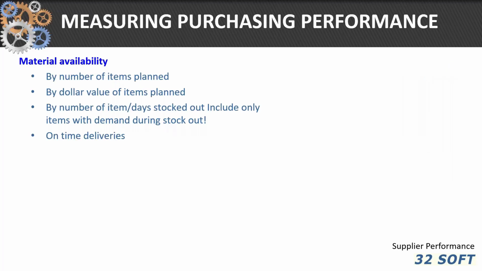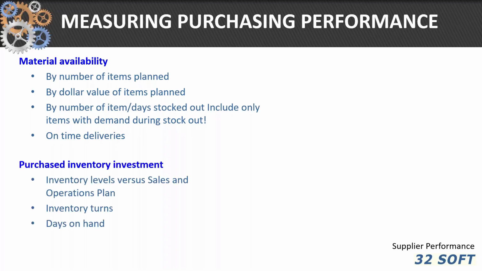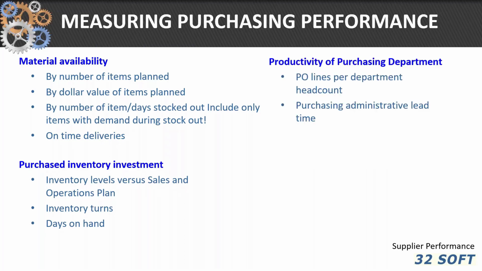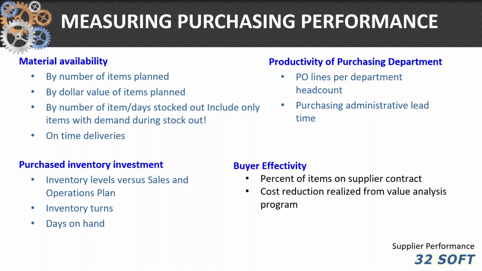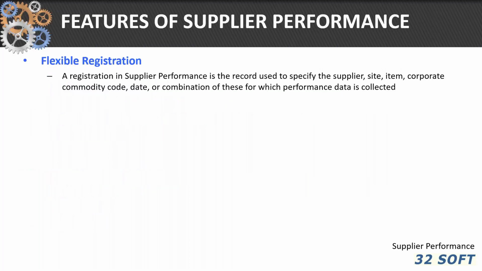So this functionality allows you to automatically measure material availability. You can do purchased inventory investment. You can look at the productivity of the purchasing department, and you can look at buyer effectivity, cost reductions, in essence, measuring the supplier's performance.